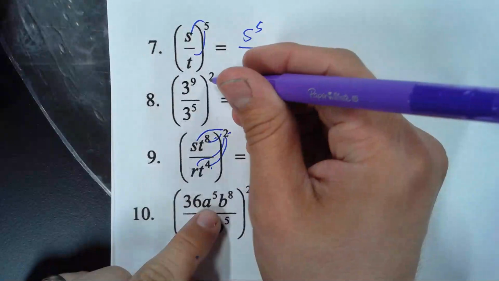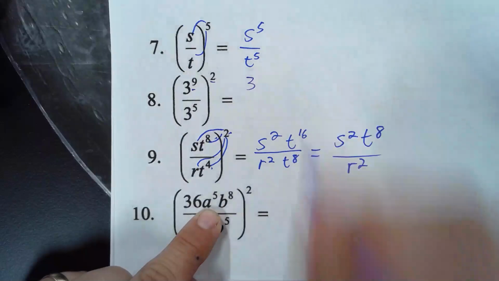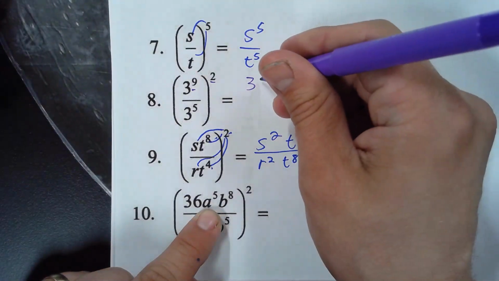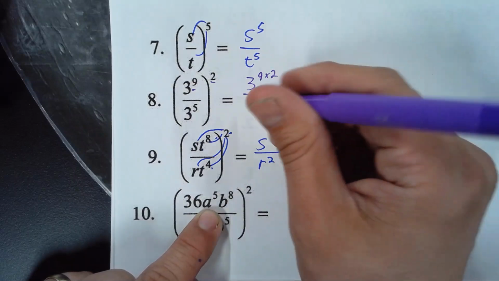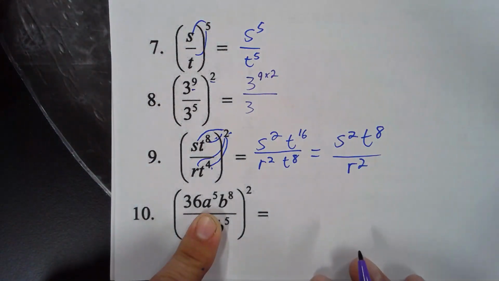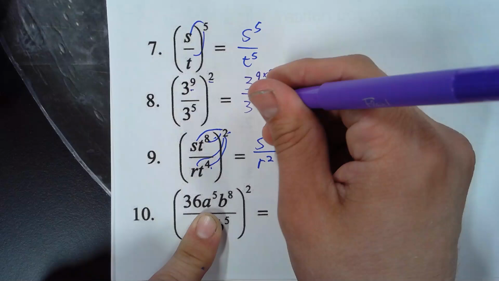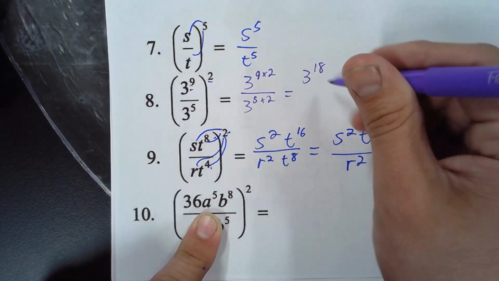Yeah, so 2 times 9 is 18. And actually, I really like how Chania did this, so I'm just going to write that out. So yeah, this would be 3 times 3 to the power of 9 times 2. And then what would the bottom be? Yep. So 3 to the 18th divided by what?